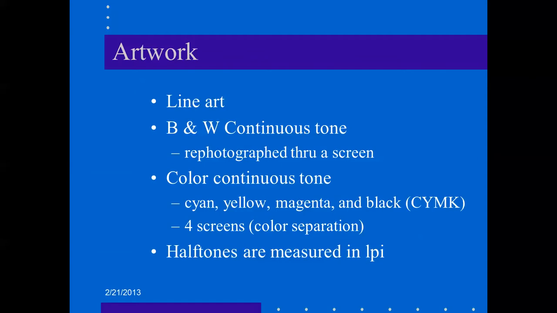Another thing you might think about is colored continuous tone that include cyan, yellow, magenta, and black. When you go to print these, you would use 4 screens for color separation. And just to let you know that halftones are measured in lines per inch.